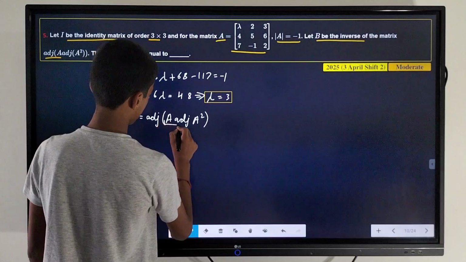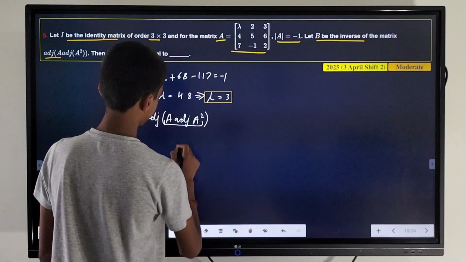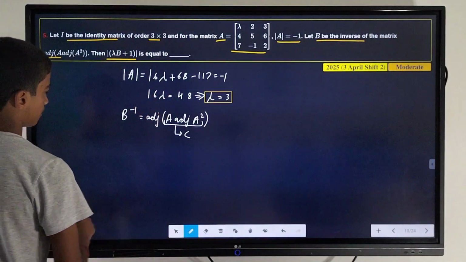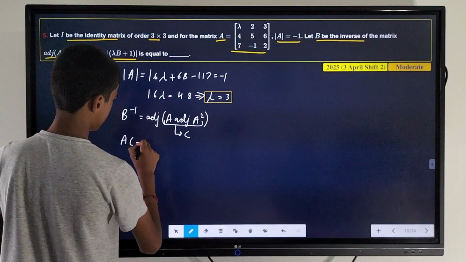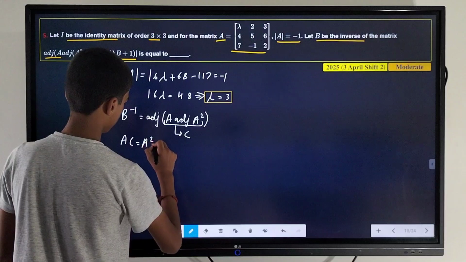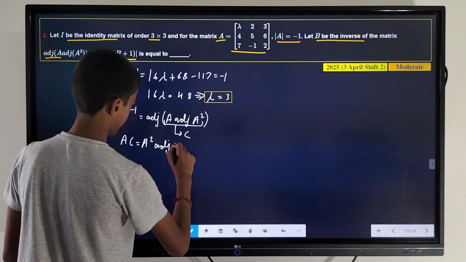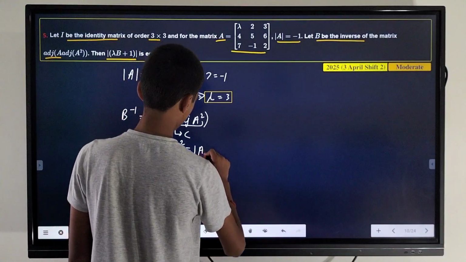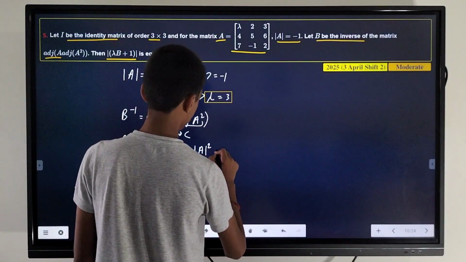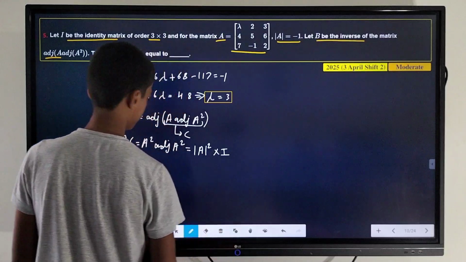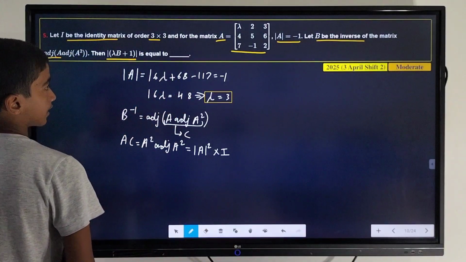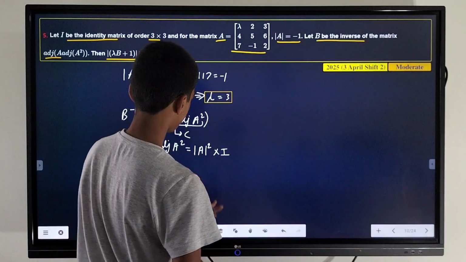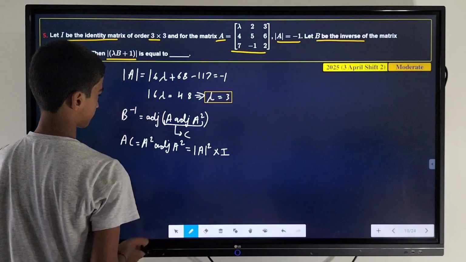Now this term inside the adjoint, let's say this is C. So A into C is equal to A square adjoint A square, which is equal to determinant of A whole square into identity matrix. And determinant of A whole square is 1, minus 1 whole square will be 1. So our C is equal to A inverse.